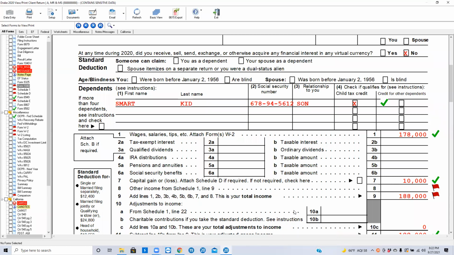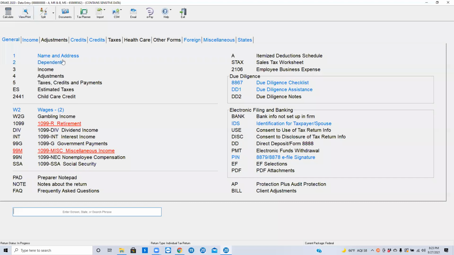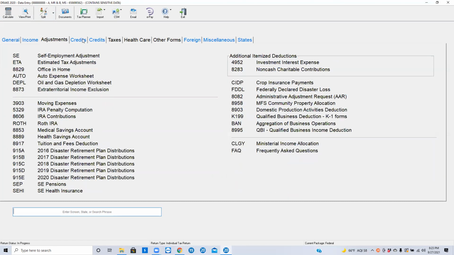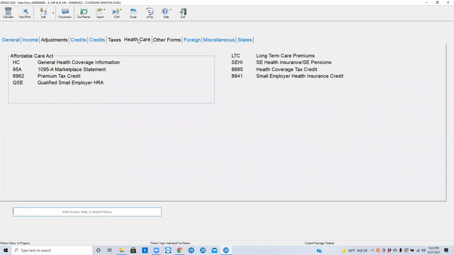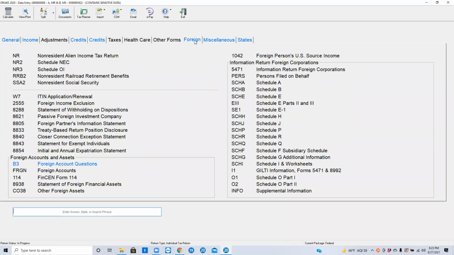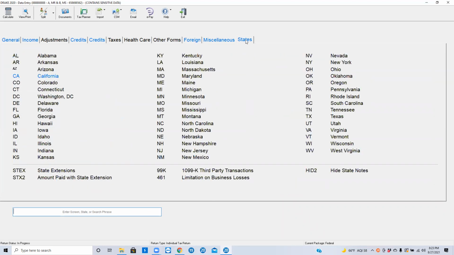I'm going to continue to talk about the W2, how the W2 can be input. In data entry, in the far left corner, you open here and you see a bunch of information, the different tabs: general, income, adjustment, credit, tax, healthcare, other form, foreign, miscellaneous, and state.